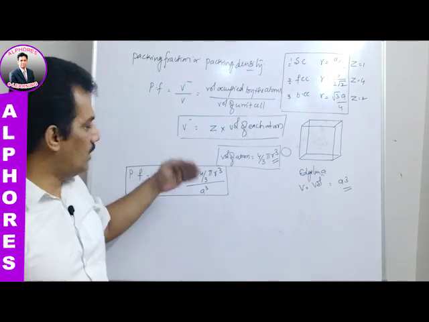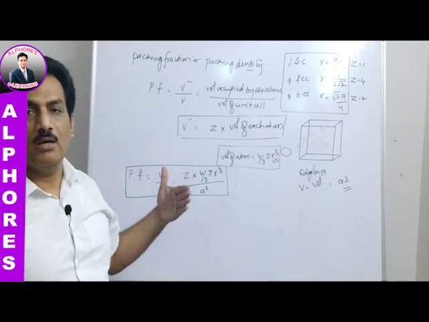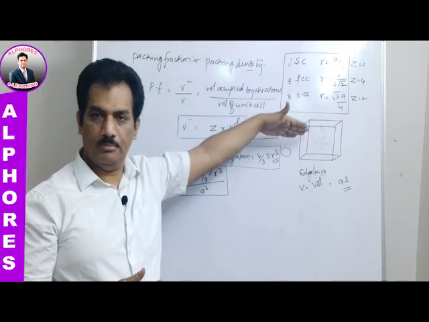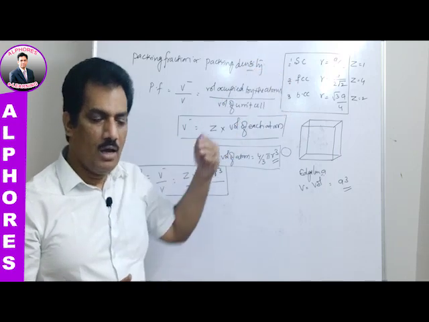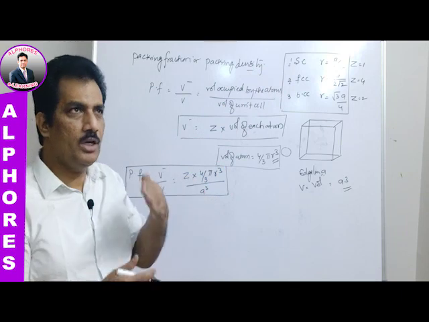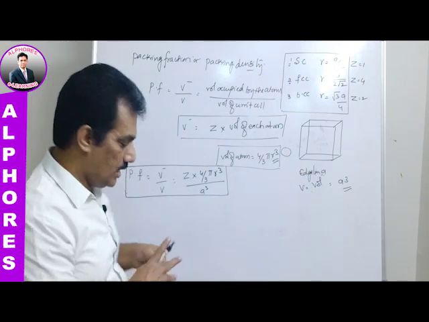Now let us calculate the packing fraction for each of these three one by one. Let me start with the first one. When I solve the first one, you will automatically get the idea of how to get the remaining two. Clear?